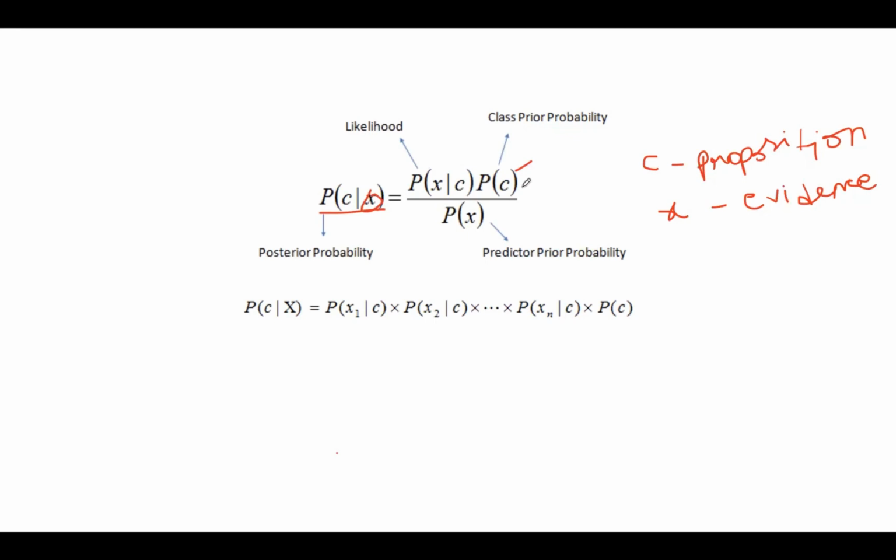Coming to P of C, that is the prior probability of the proposition, whereas P of X is the prior probability of the evidence. P of C given X is called the posterior probability, whereas P of X given C is the likelihood.